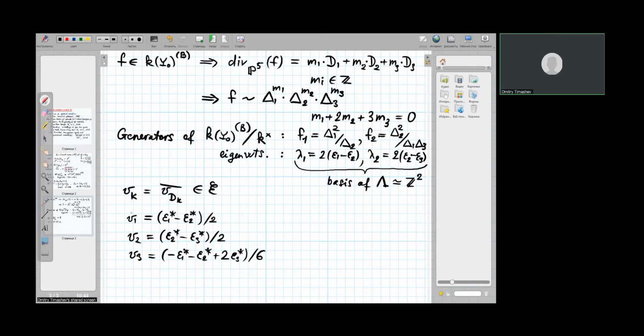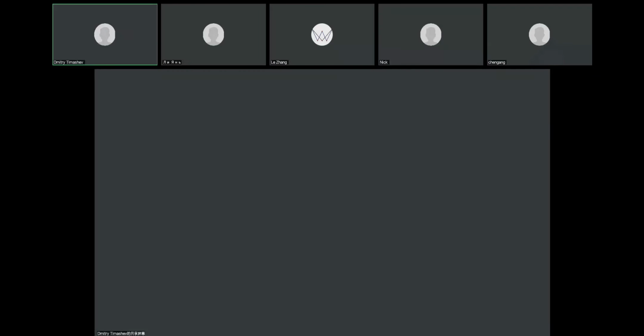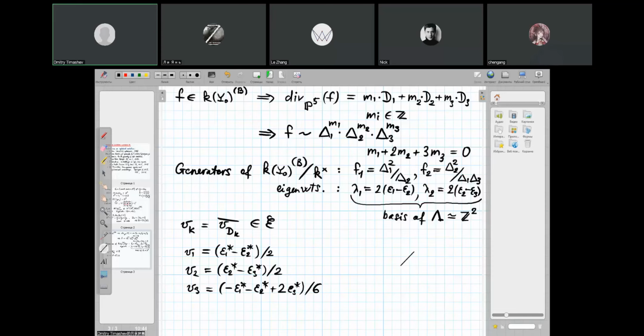Okay, so maybe I should draw a picture describing this set of vectors. Let me first draw the picture and then I will comment.